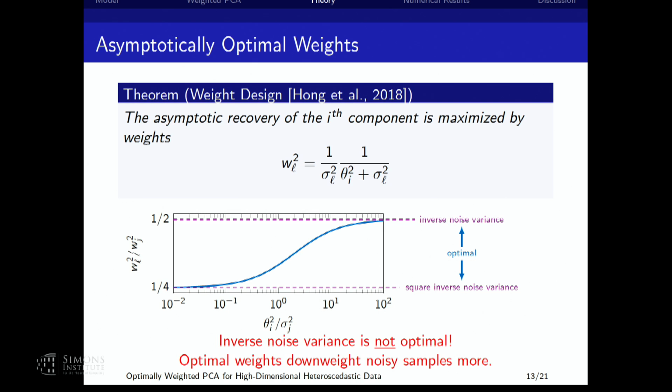If you think as SNR changes, this never gets worse than square inverse noise variances. So in some sense, it is still on the same scale as the amplitude changes. And that's in part because we can always scale the weights. If we scale all the weights by the same value, we get the same PCA output.